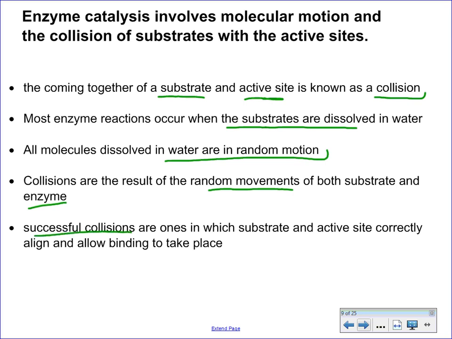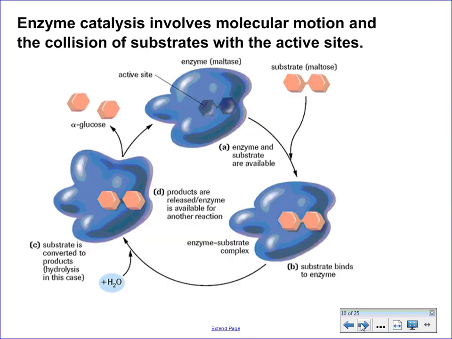A successful collision is one in which substrate and active site correctly align to allow binding to take place. If the active site has a specific shape for a particular substrate, then the substrate has to align properly with the active site in order for binding to occur.